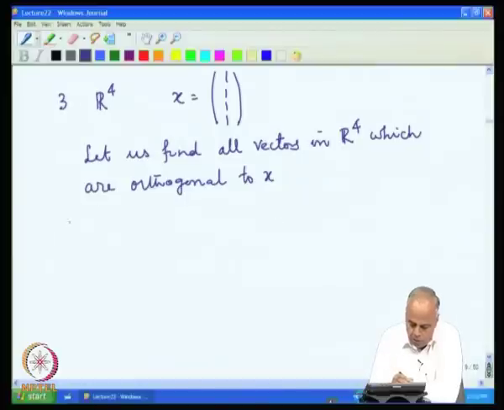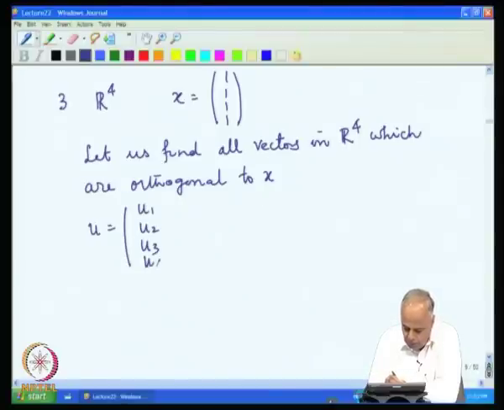Let us take a vector u which is (u 1, u 2, u 3, u 4).